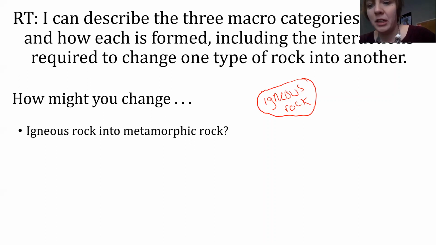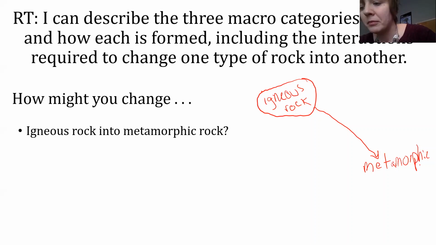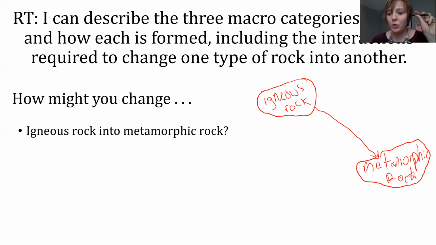And if we want to change it into metamorphic, what physically needs to occur in order for this change to happen? Well, we need to raise the temperature and or the pressure. So I'm going to write that down.